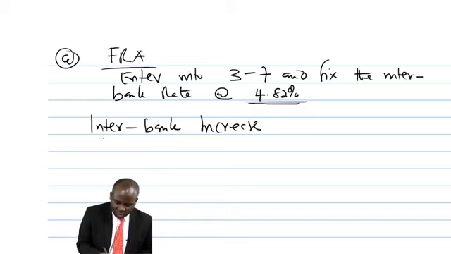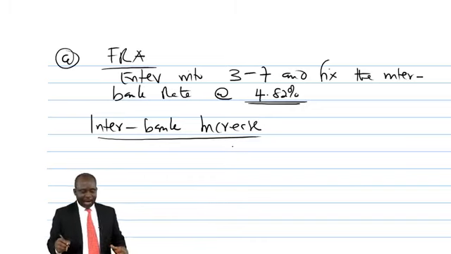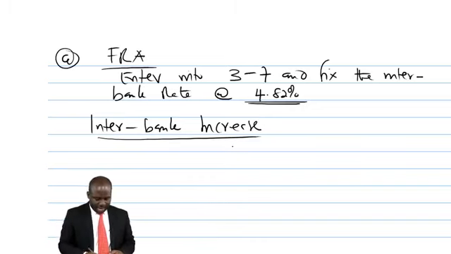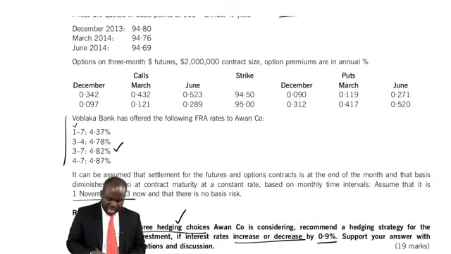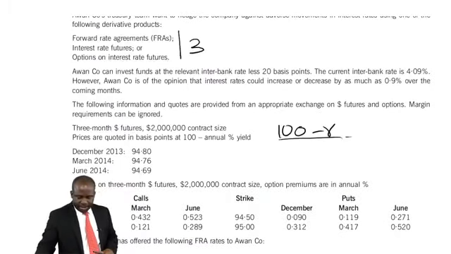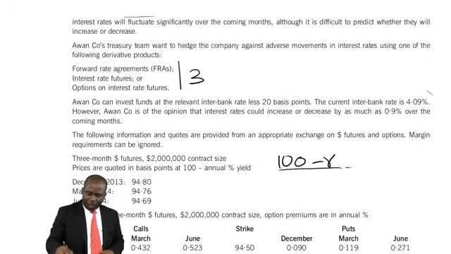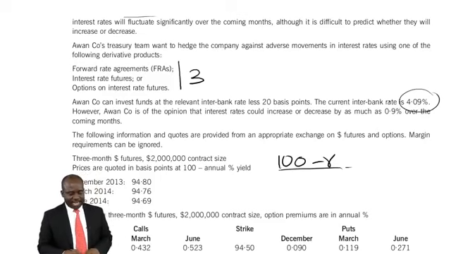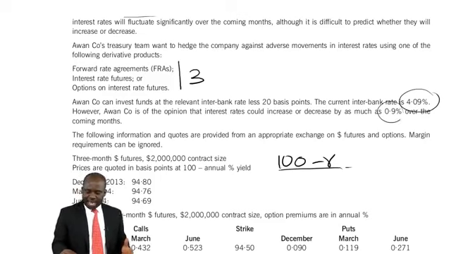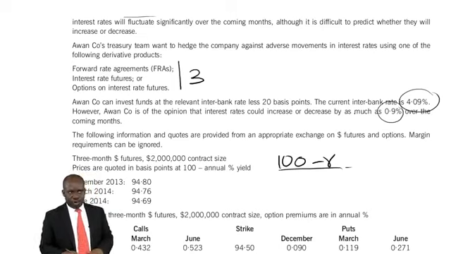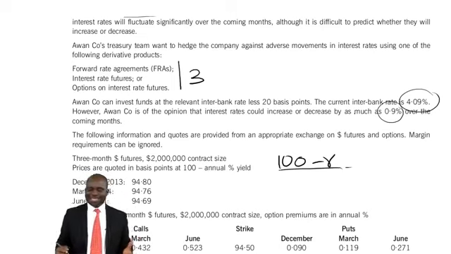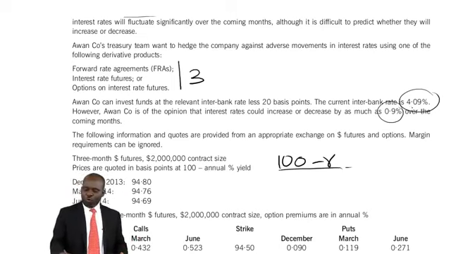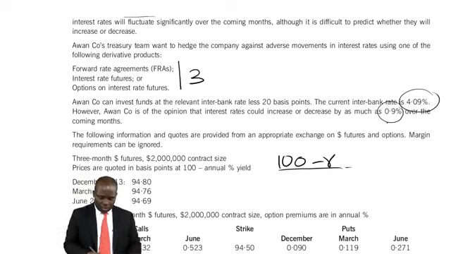Okay, according to the question, I would have to do it if the interbank rate increases and then when it decreases. So we're doing the increase. Currently, the interbank rate, according to the question, is 4.09%. We are expecting it to either increase or decrease by 0.9%. So when it increases, it will go to 4.09 plus 0.9.